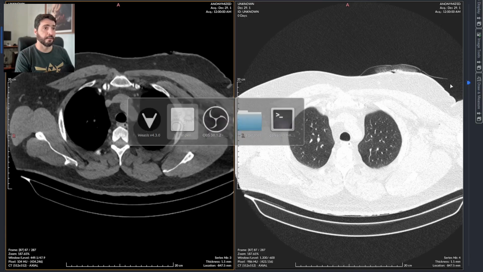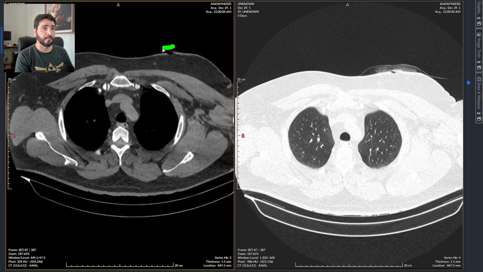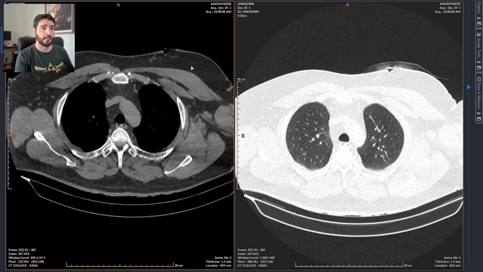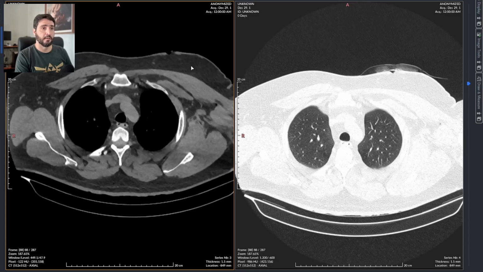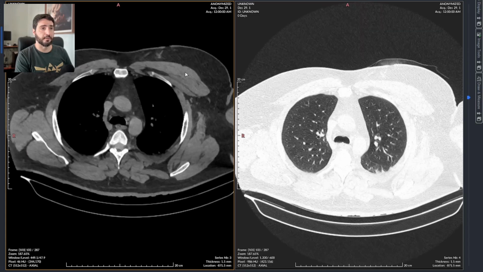So right here, as you can see, we have a lesion to the soft tissues, the anterior soft tissues of the left side of his chest. This is a skin and subcutaneous laceration. Let's keep going down. And the laceration continues.